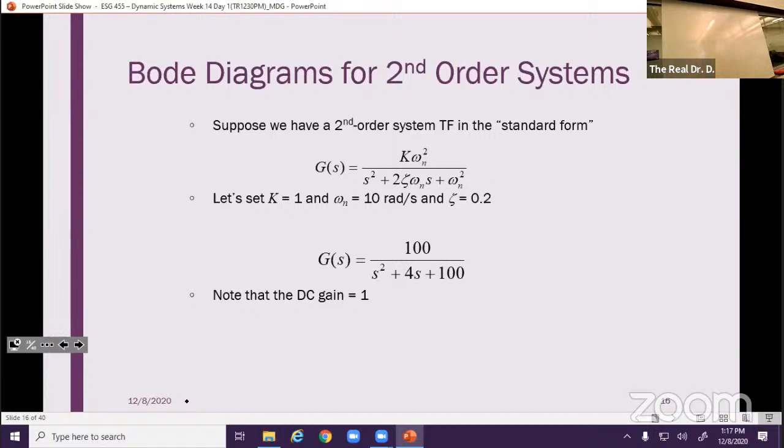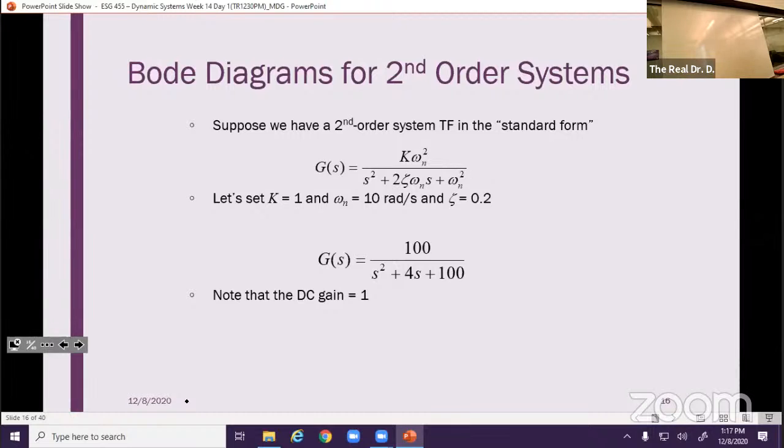This is my standard form where K is what we call the gain of the system, and is essentially just the DC gain of the system. So if we set K equal to 1, our natural frequency equal to 10 radians per second, and zeta equal to 0.2, we would get this equation out here: 100 over s squared plus 4s plus 100.